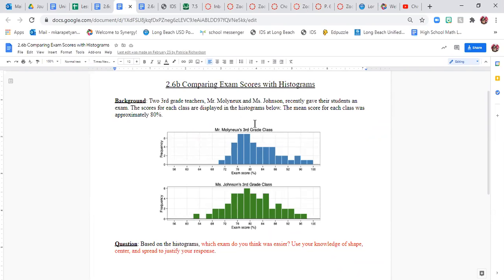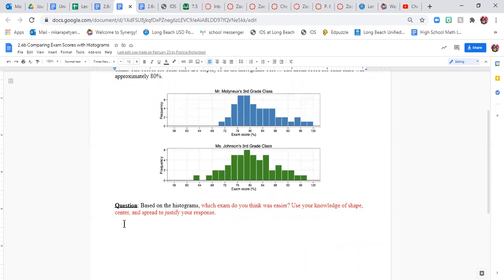Now it's up to you to decide if that's the center you want to use here, or if you would much rather find the median or anything of that nature. But the question at hand is this: based on the histograms, which exam do you think was easier? Yes, you can use the min and the max, Janelle.